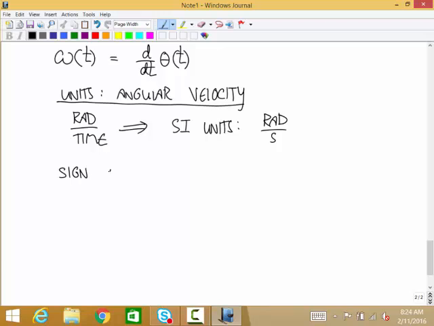The sign of omega tells you the instantaneous direction of motion.